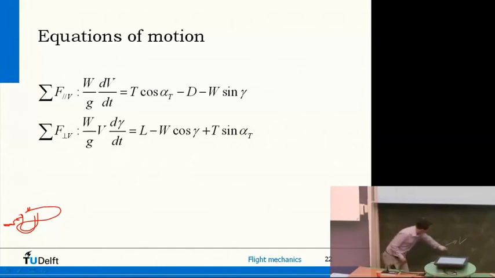Now, the angle you have here is gamma, flight path angle, with respect to the horizon. You cannot see it. Is this better? Can you still not see it? Is this thing in front of it? Oh, then I'll do it here.